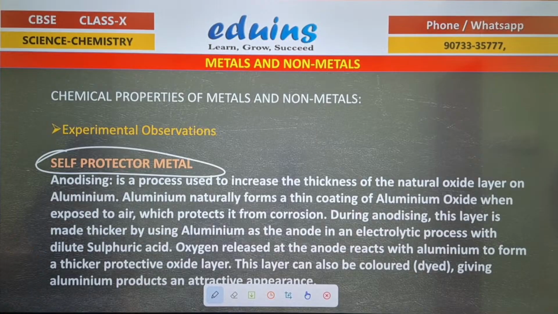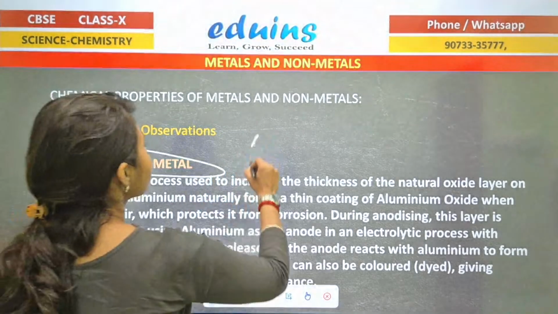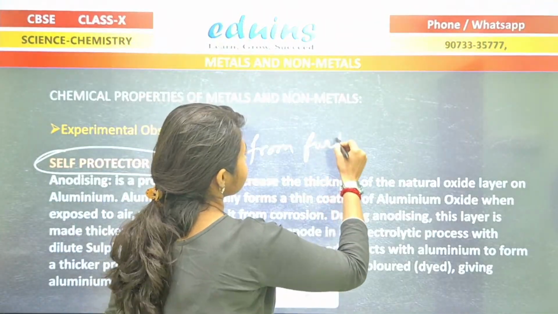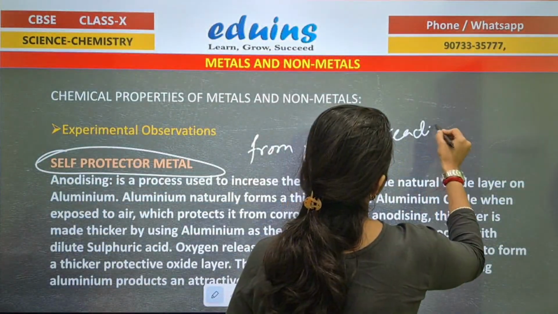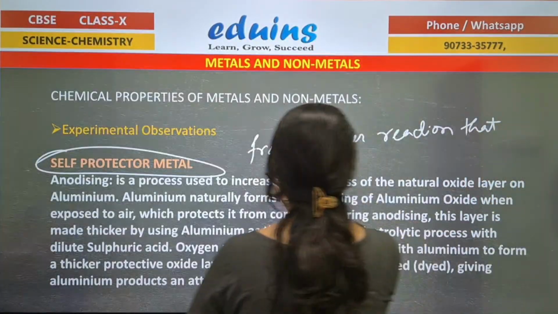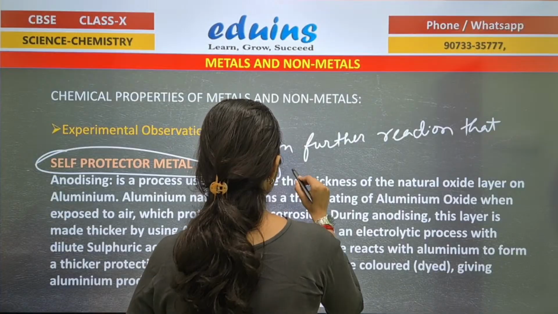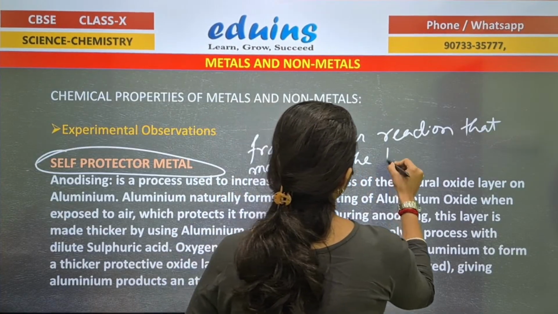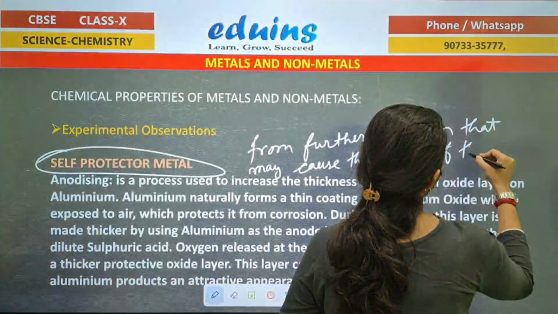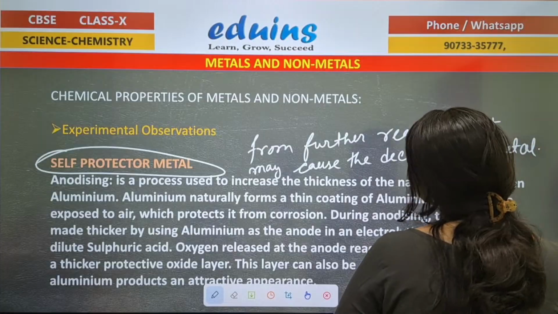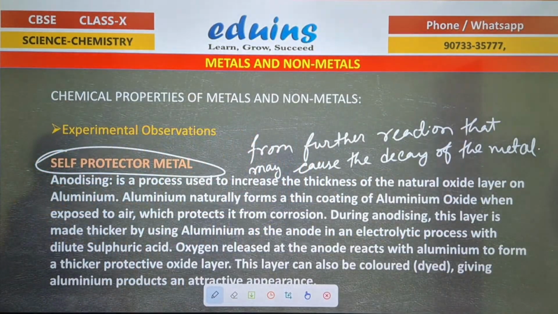Anodizing is a process used to increase the thickness of the natural oxide layer on aluminium. So aluminium naturally forms a thin coating of aluminium oxide when exposed to air, which protects it from corrosion or from further reaction that may cause the decay of the metal.